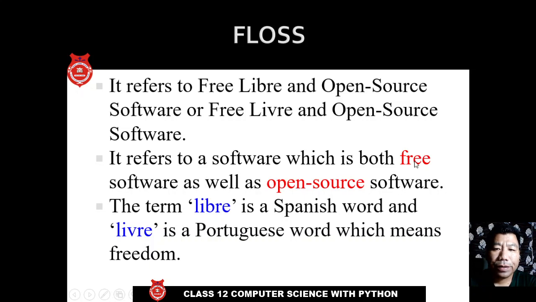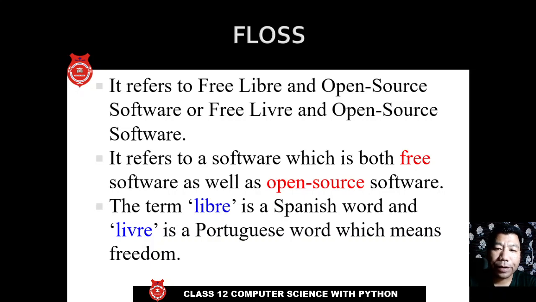Here I want to talk about the difference between simply free and open source software. In open source software, it should be free, and the source code should also be accessible or available to the person requesting the software or the source code. But in free software, the software may be free, but the source code may not be free.